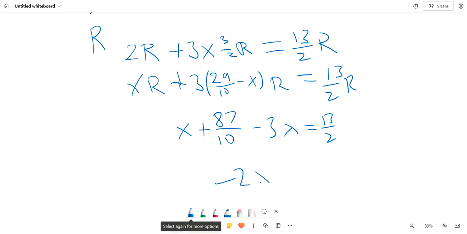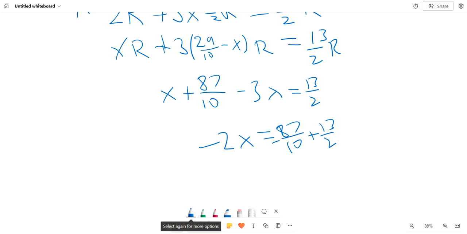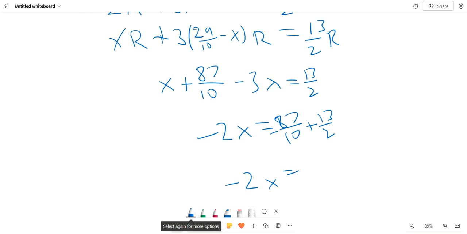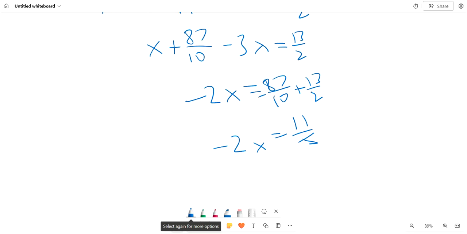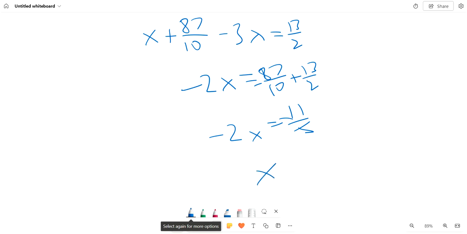Minus 2X equals 87 over 10 plus 13 over 2. This equals 11 over 5. And so we realize that X equals 11 over 10.